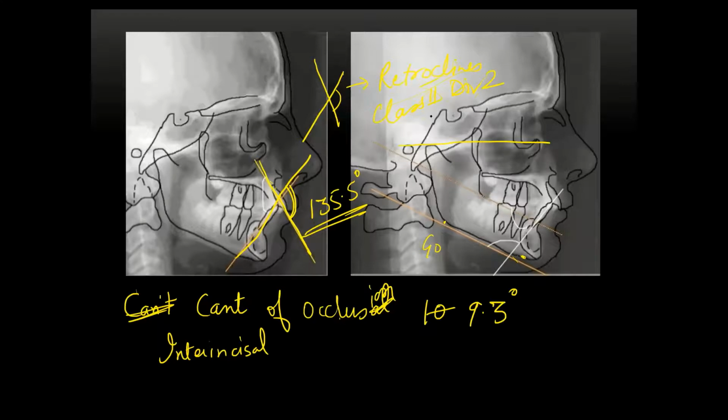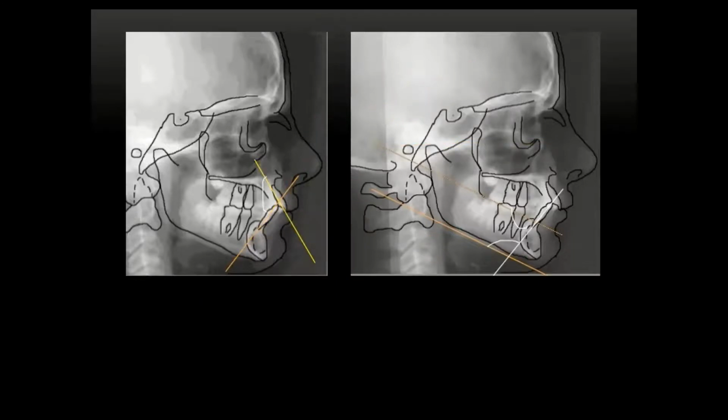And when the incisors are more proclined, this angle is going to decrease, so in cases of bimaxillary protrusion or proclined incisors, this angle is going to decrease.